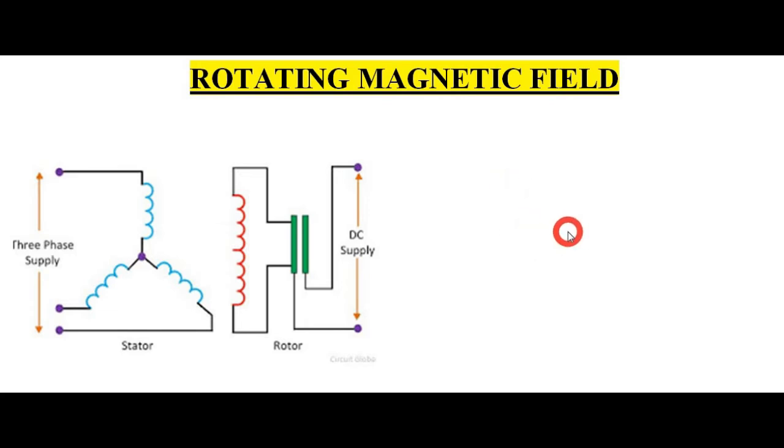Here f means frequency, p means number of poles, and Ns means synchronous speed. Also, the synchronous speed of the rotating magnetic field depends upon the frequency of the supply. That is, if you vary the frequency, then the speed of the rotating magnetic field also changes.